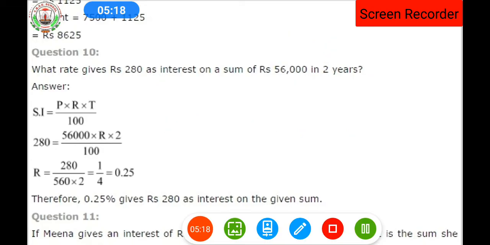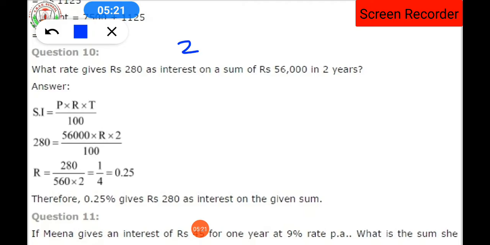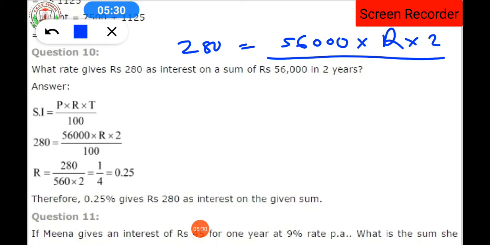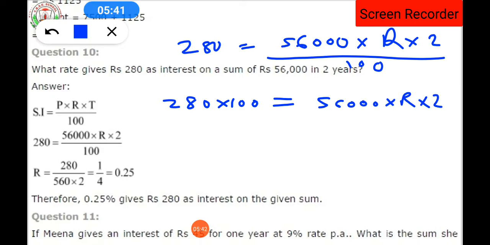So let's see. SI is given as 280 rupees is equals to 56,000 into R, we have to find it, time is given 2 years, upon 100. Okay, so 280 into 100 is equals to 56,000 into R into 2. Now 280 multiplied with 100 will become 2,80,000, isn't it?